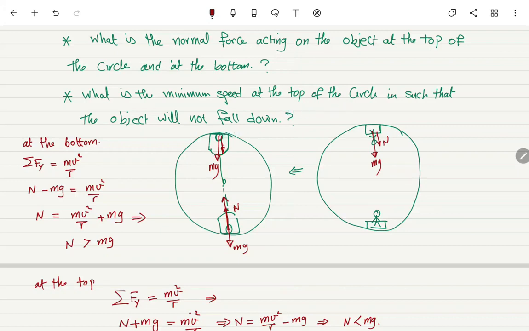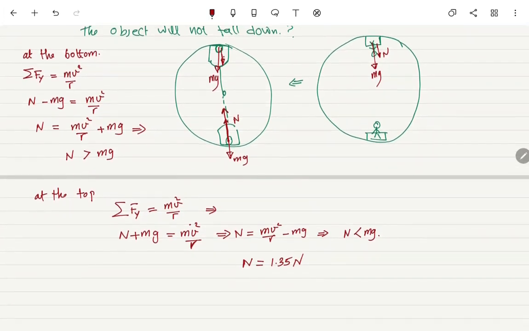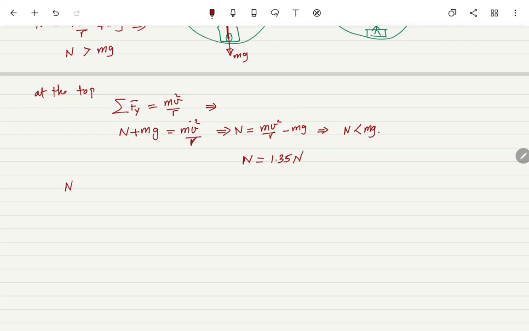In order to keep the object from falling down, the object has to be in contact with the path, in contact with the basket. In this case, the normal should be greater than 0. But as we solved before, we found that normal equals mv square over r minus mg.